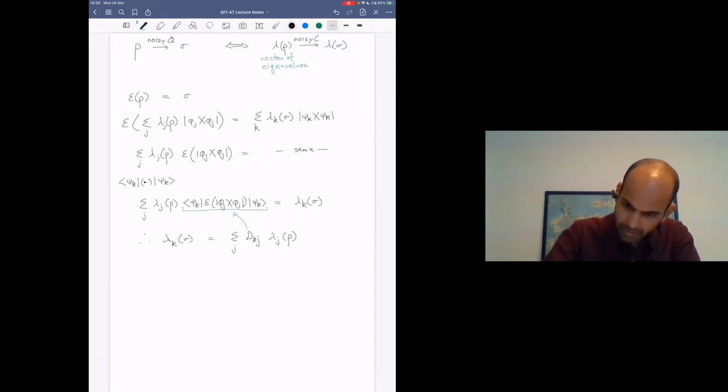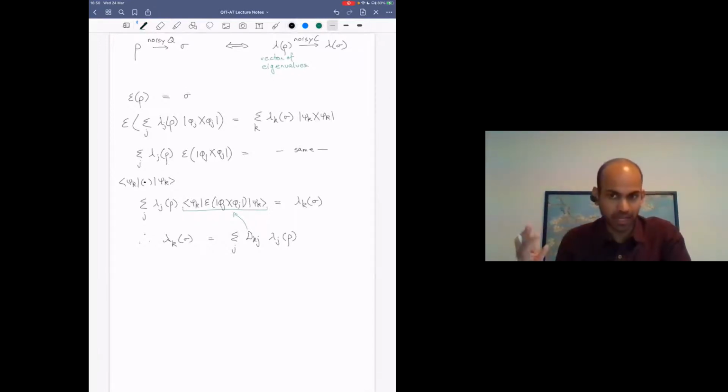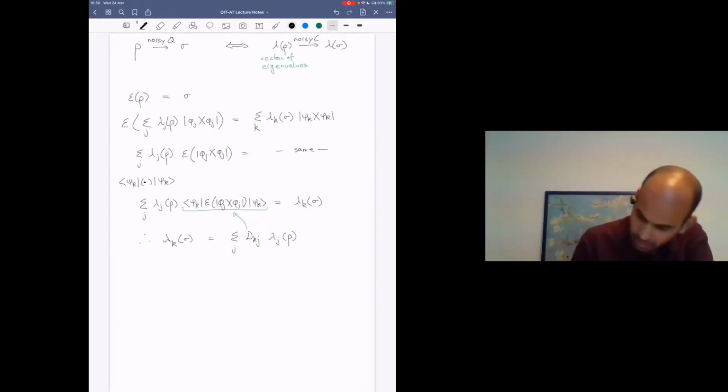Okay, and now all that remains to show is that d_kj is a doubly stochastic matrix. So what do we do? We note first of all that j runs from 1 to J, our input state, so the input, and k runs from 1 to K, the output.